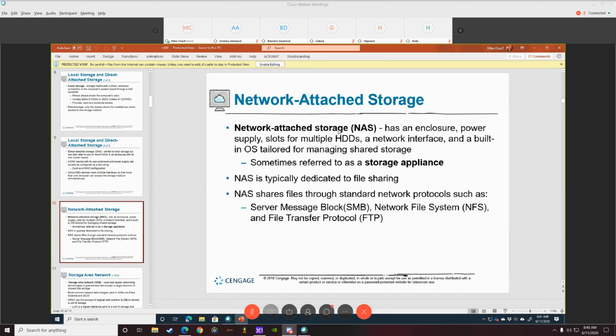Network attached storage has an enclosure, power supply, slots for multiple drives. A friend of mine, he bought one. The one I have right here has SATA drives, but doesn't have SSD. So my friend bought one with SSD drives.